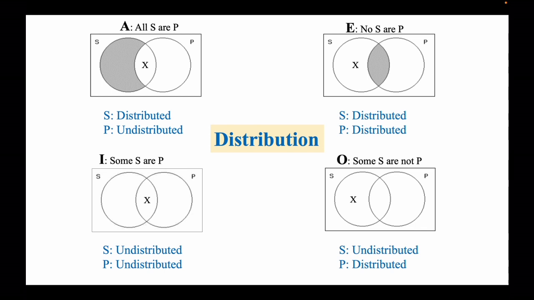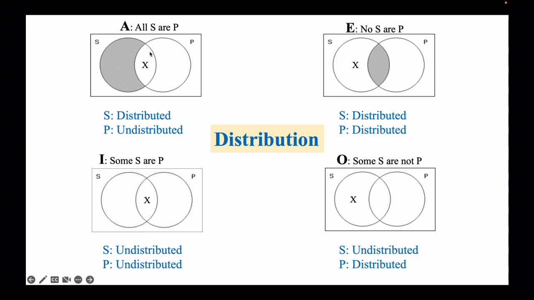Ask yourself, how many members of S are members of P? Well, the statement tells you right there. All members of S are members of P. Therefore, because all members of S are members of P, the subject is distributed. So, in the A form, the subject S is distributed.